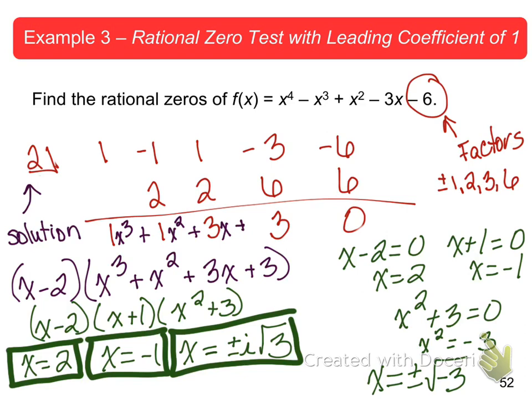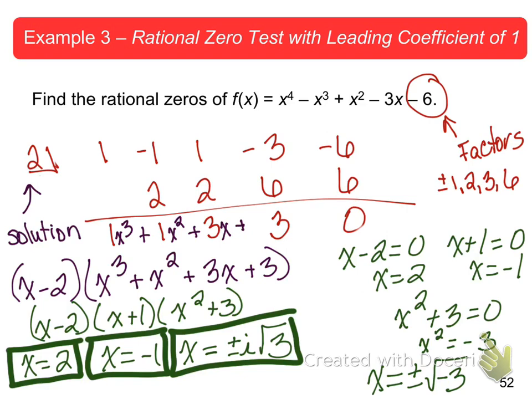Real numbers, and this is probably a good thing to star, real numbers cross the x-axis. Complex numbers do not.